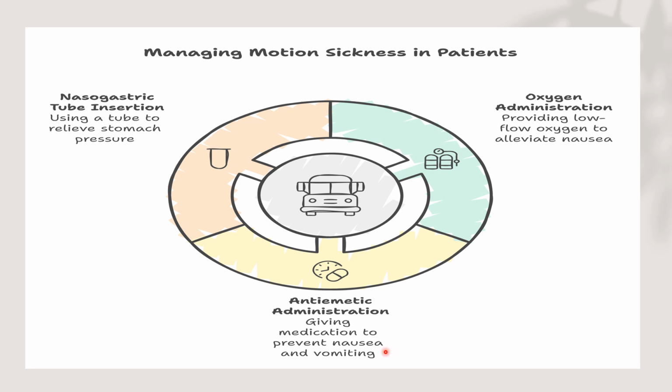Also, we can give an antiemetic to prevent nausea and vomiting. If a patient will go by medevac, it's better to insert a nasogastric tube to avoid or relieve stomach pressure, as motion sickness and vomiting will affect the signals of the intra-aortic balloon pump and affect the triggering of the balloon itself.